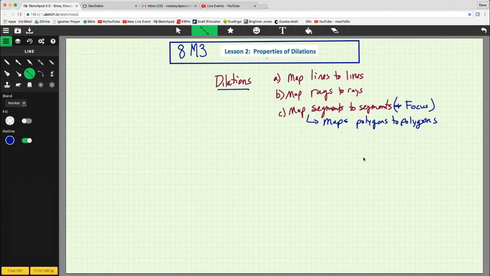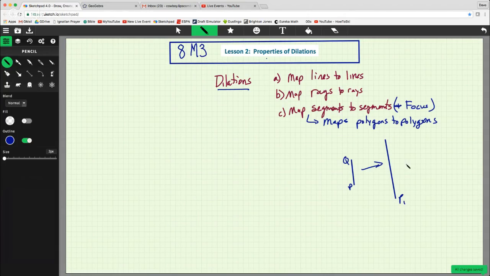Because if a dilation takes a segment and maps it to another segment, then if you take PQ and map it to P prime Q prime through a dilation, right?